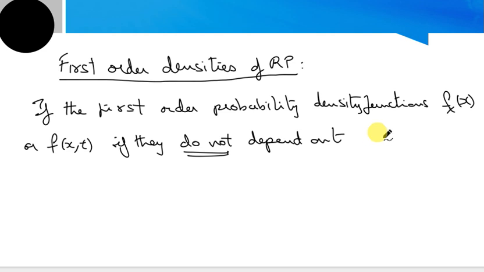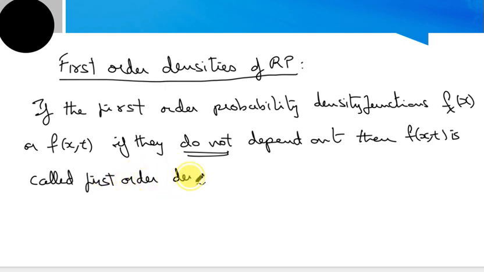then f of x comma t is called the first order density of the process.